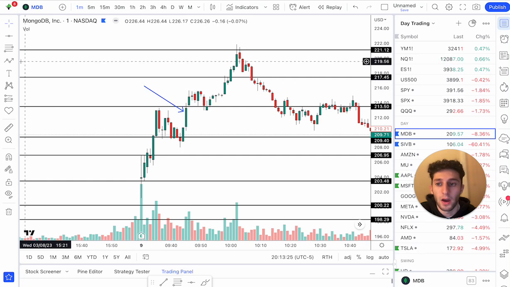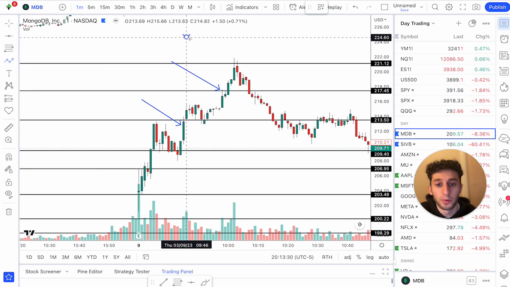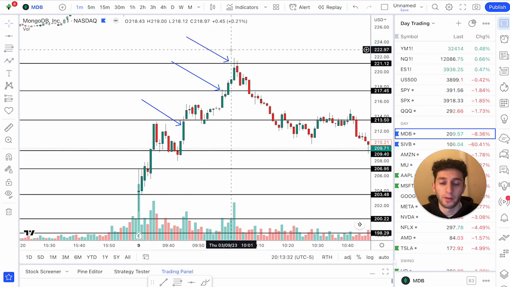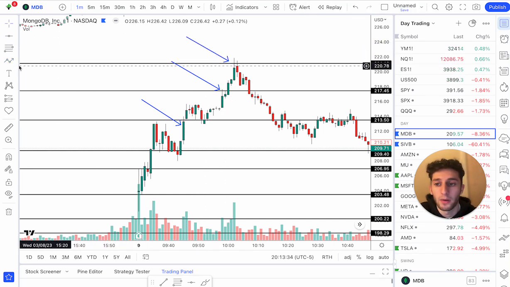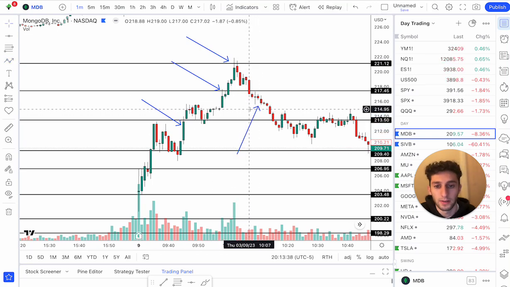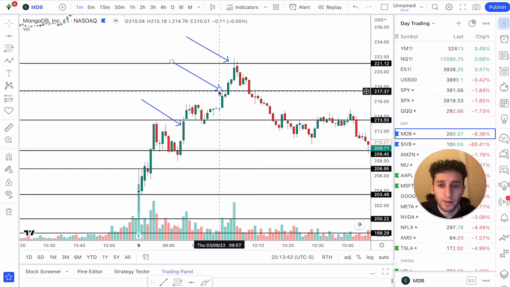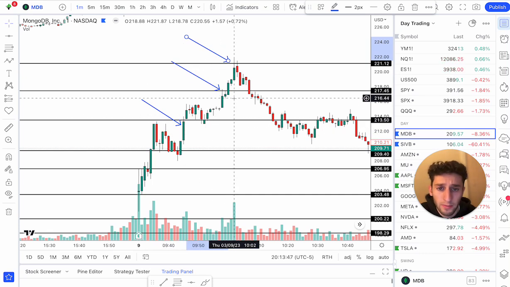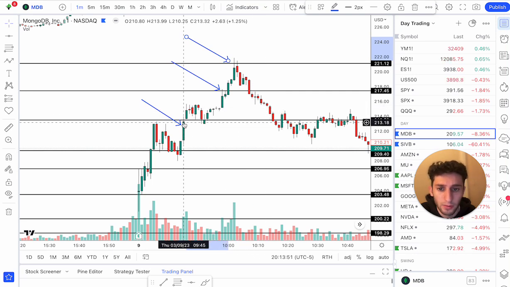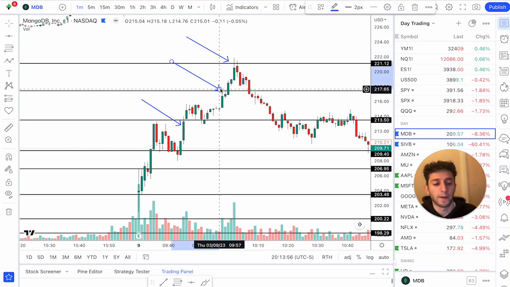I got out the majority here, and then got out another huge majority of the remainder here. Then I stopped out the last few contracts around here for break even, or it might have been down here. So that was the trade: in, out, out. I was in at 9:45, out by 10:02, and stopped out the final at 10:14. So overall, it took less than 30 minutes for this trade to happen.